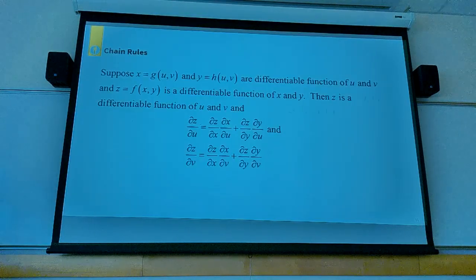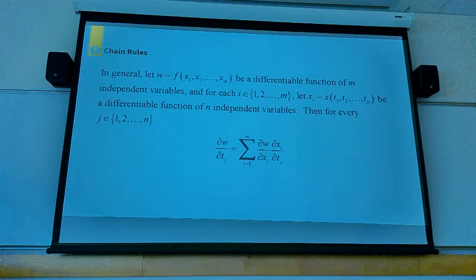In general, W is a function of m independent variables, x1 through xm. Each of those independent variables is itself a function of n independent variables, t1 through tn.